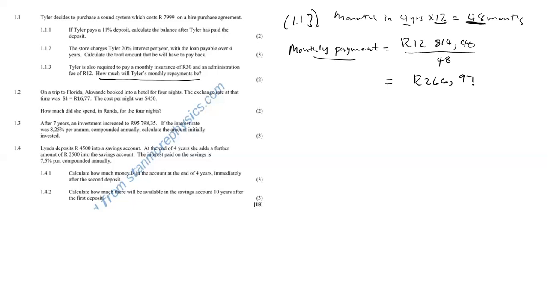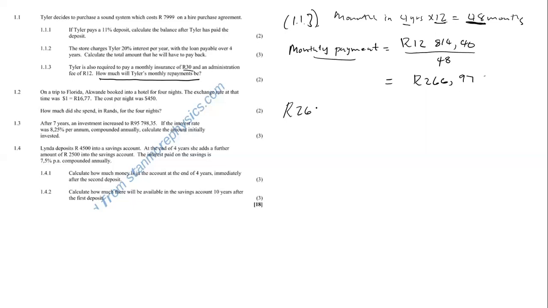Why? Because the question said Tyler is also required to pay monthly insurance for the sound system, in case something bad happens to it. So Tyler needs to pay monthly insurance of 30 rand. So we have additions.